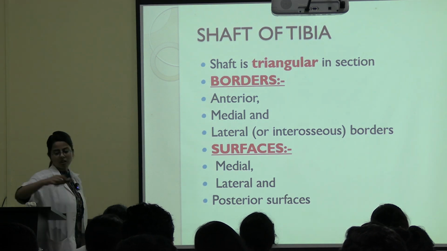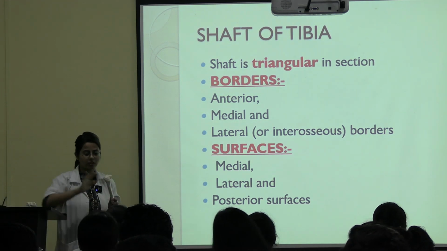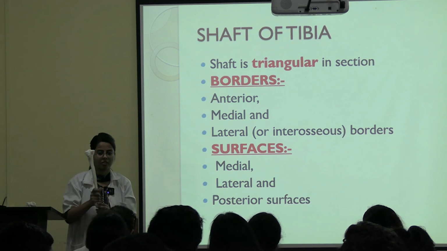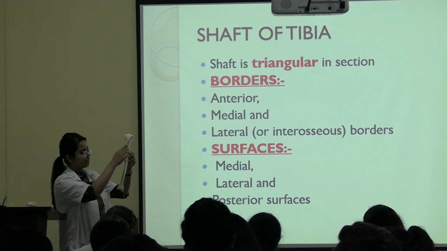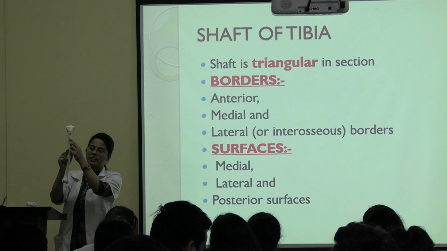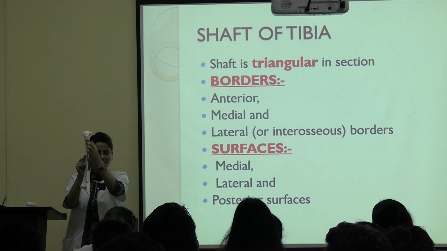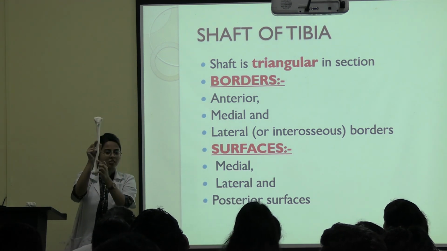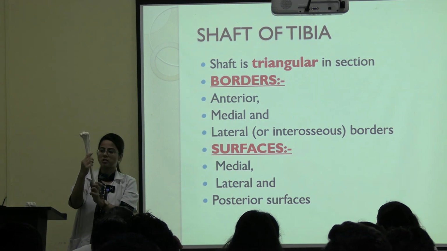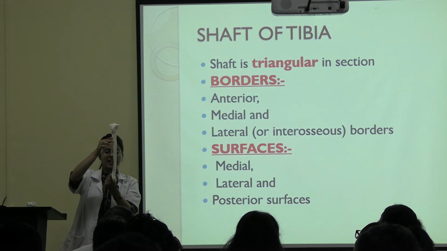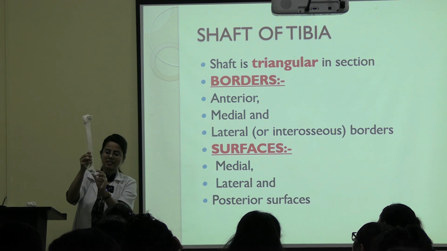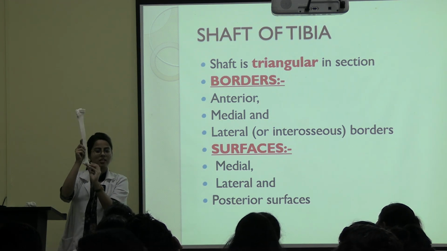Okay, now upper end clear. Okay, now coming to the shaft. So as I say, this is the sharp anterior border. You can see this sharp border. So let me tell first the borders. So this is the anterior border, and you can see that this is the medial malleolus. So this side is medially.